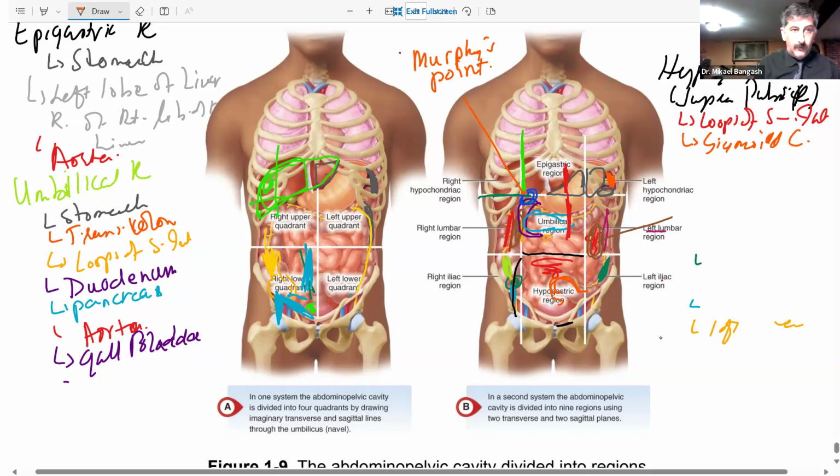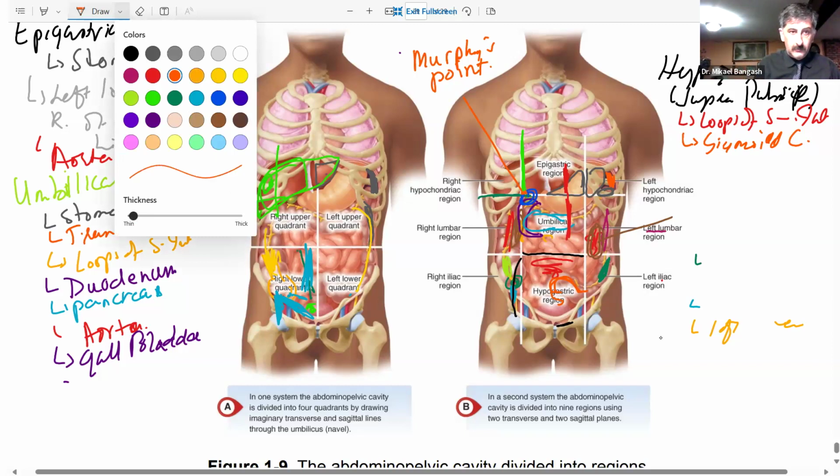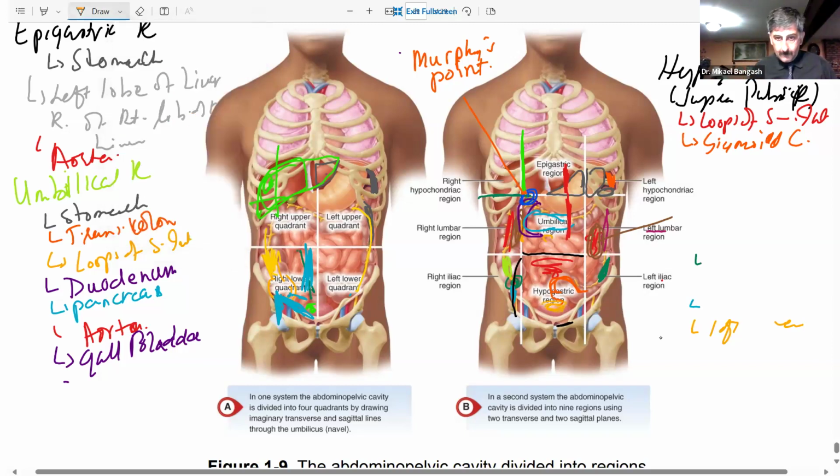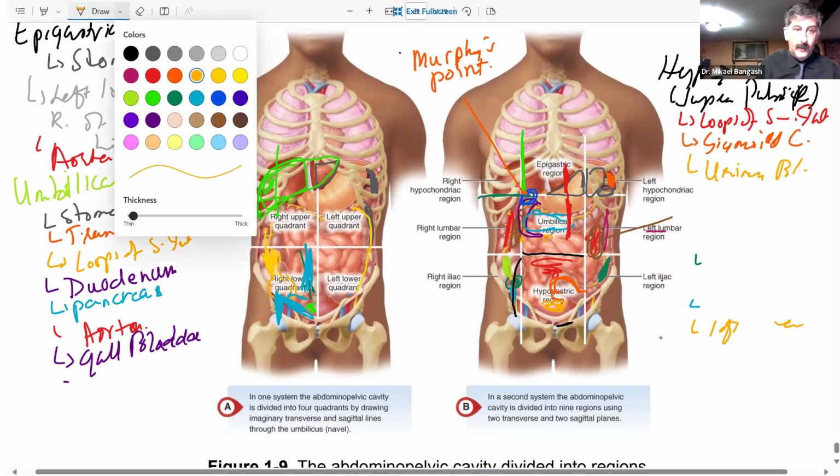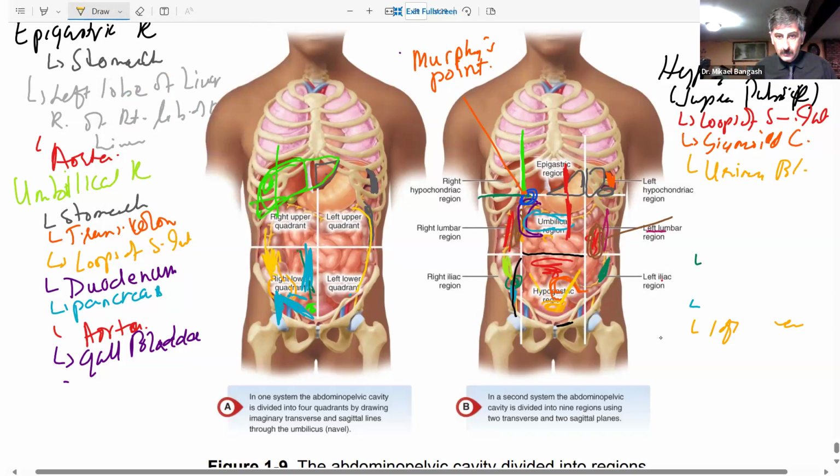What you also find is the urinary bladder. And running into the urinary bladder are your ureters, left from the left side, right from the right side.